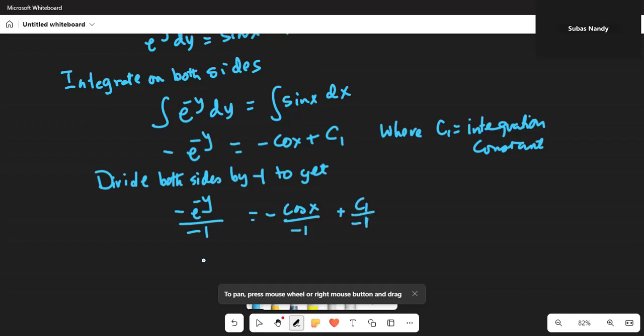So this becomes e to the power of minus y is equal to cosine x minus C1.